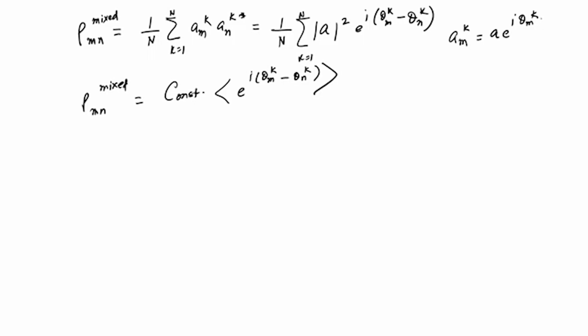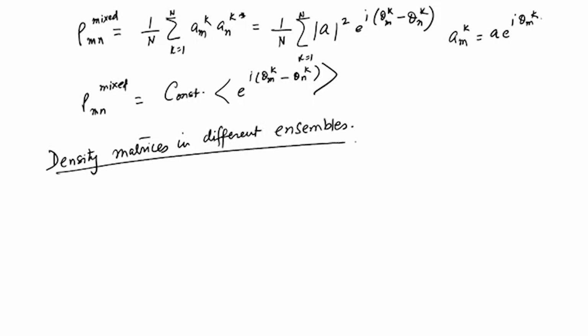Okay. So, quickly if you go through what will be the form of the density matrix at different ensembles. We will start with the microcanonical ensemble, and it is easy to see that in the microcanonical, the rho_mn should be equal to some rho_n delta_mn, which means that it is a diagonal matrix.